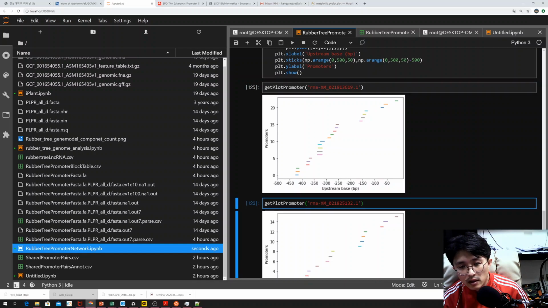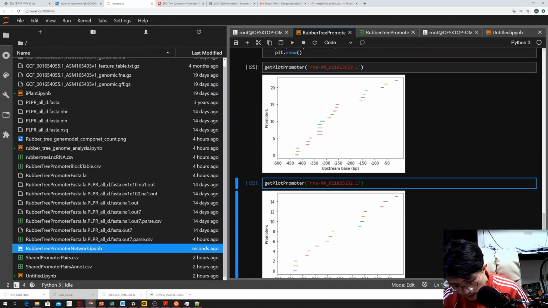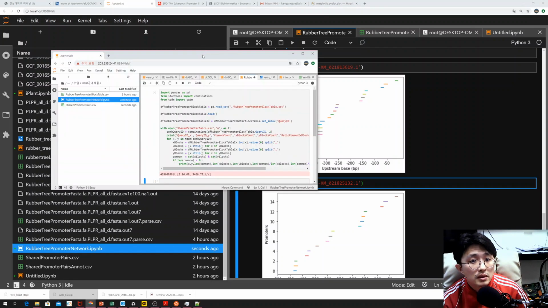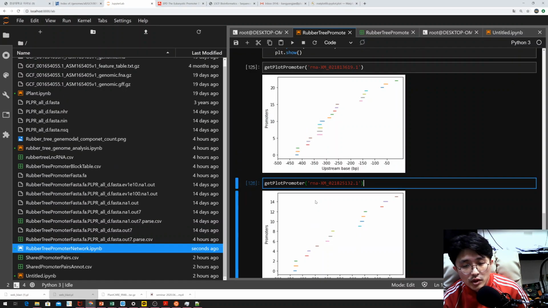So I think that once the analysis using our server is done, now we already 2 hours gone. Then we will retrieve many genes that share the promoter sequence like this.